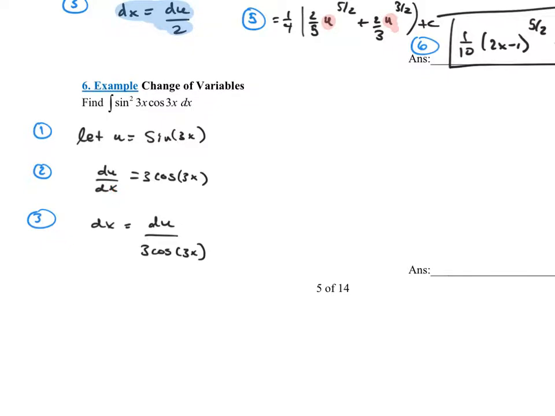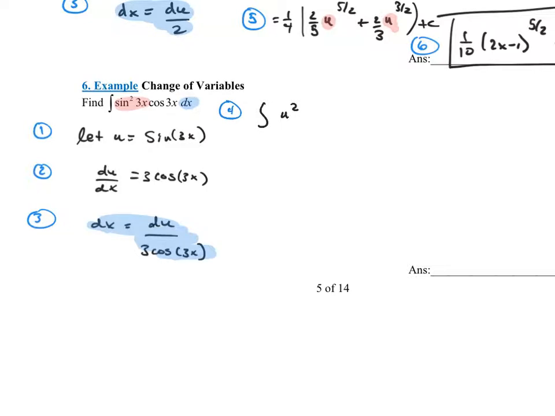Okay, we move on from that one, and we need to substitute in for dx, and we also need to substitute in for u, and let's see what happens. So when we do this, we would have step 4. The integral would turn into the integral of u squared instead of sine of 3x squared.